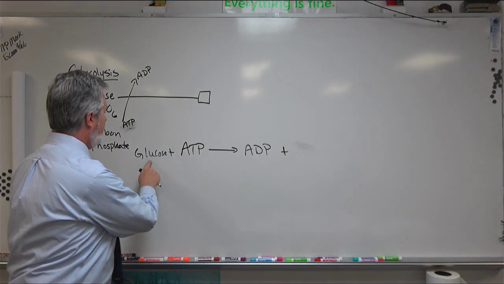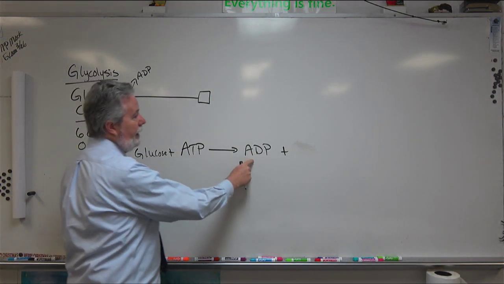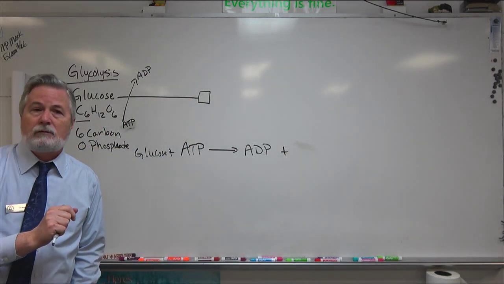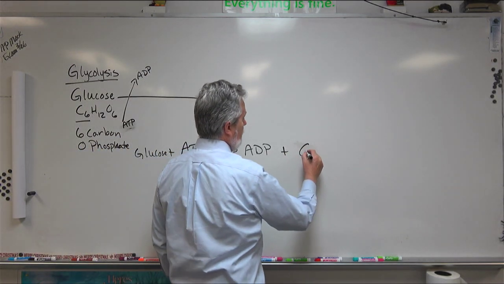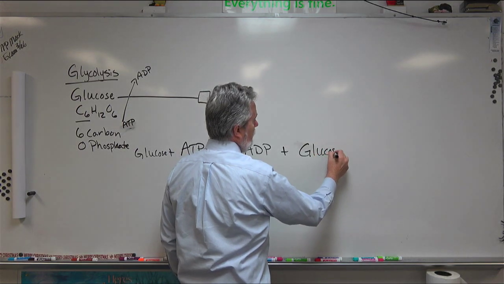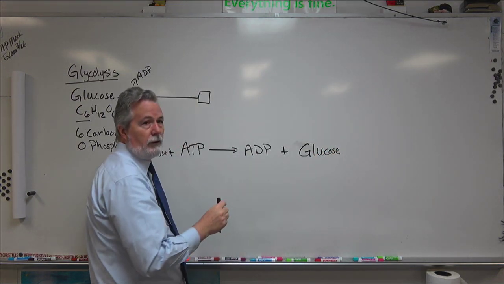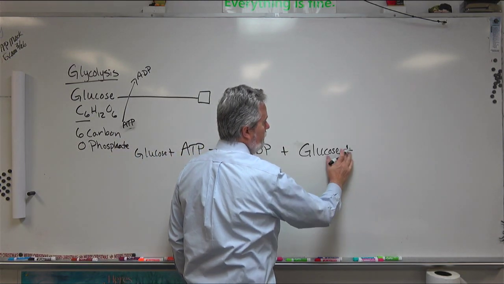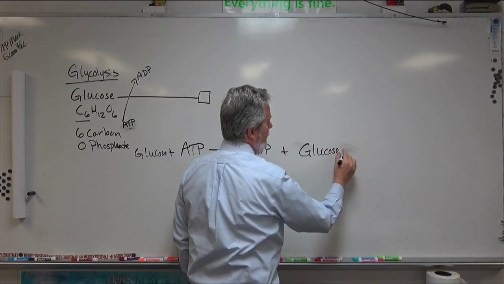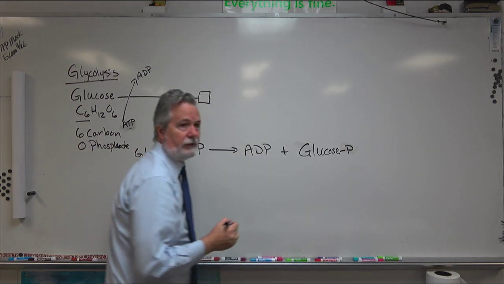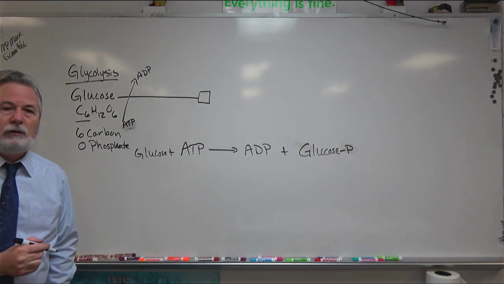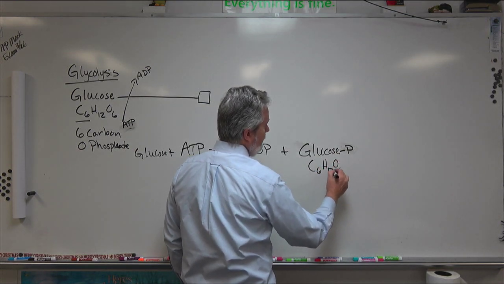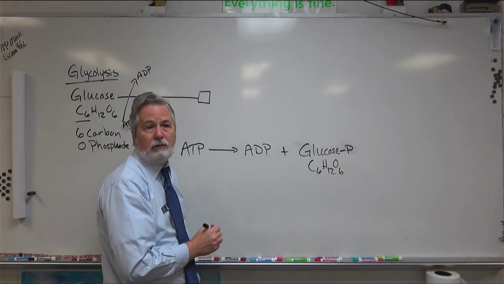So that means if I had glucose plus ATP and I got ADP, I would also get glucose, but what else would glucose have attached to it now? Phosphate. And I'm just going to do a little line and put a P on there so that you know it's attached. So my formula here would be C6H12O6, and then what would be on the end of it? A P.